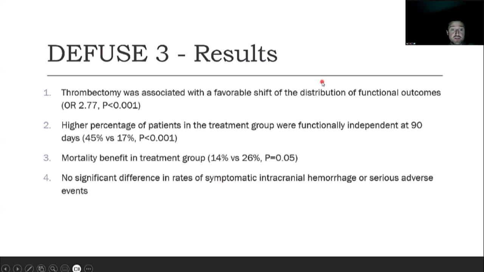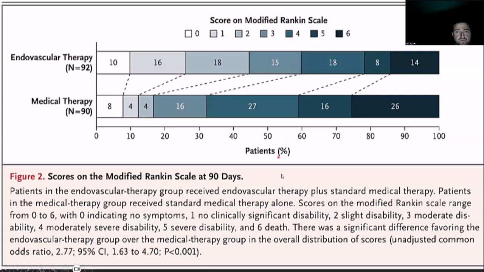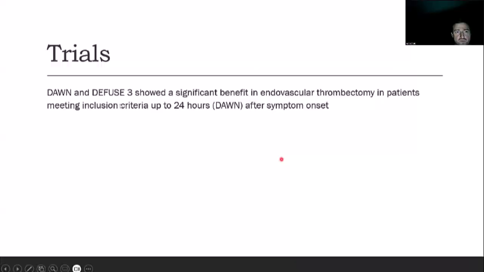So thrombectomy was associated with a favorable shift of distribution of functional outcomes with a higher percentage of patients in the treatment arm functionally independent at 90 days, 45 versus 17%. They actually showed a mortality benefit in this study and no significant difference in adverse events. So basically, these studies showed that potentially up to 24 hours endovascular thrombectomy could be an effective treatment option for patients with large vessel ischemia with salvageable brain.